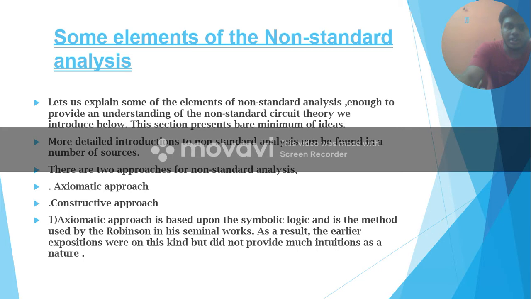As a result, earlier explorations of this kind did not provide much intuition. Robinson is a scientist who worked from this axiomatic approach, but it does not give any detailed information.